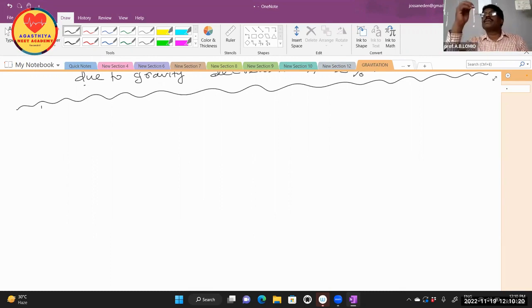Similarly, the acceleration due to gravity goes on decreasing inside the Earth and is equal to 0 at the center of the Earth. Now, I'm writing the governing formula of variation of acceleration due to gravity with respect to the altitude and the depth of the Earth. Kindly note down this formula.